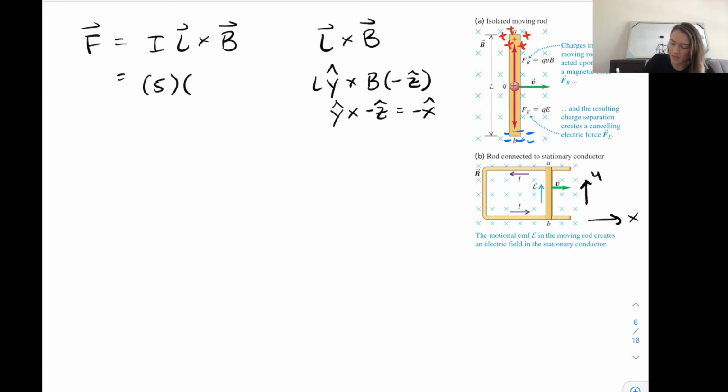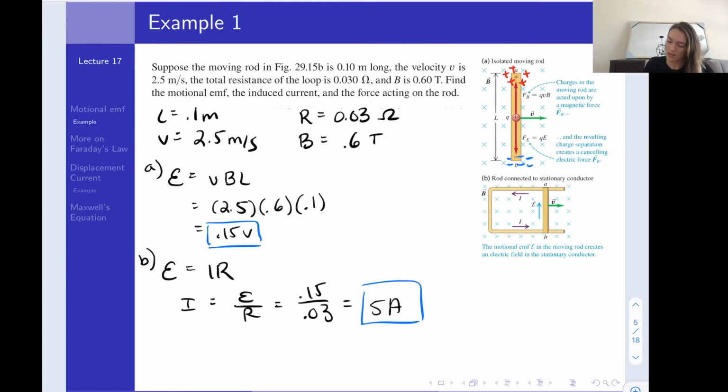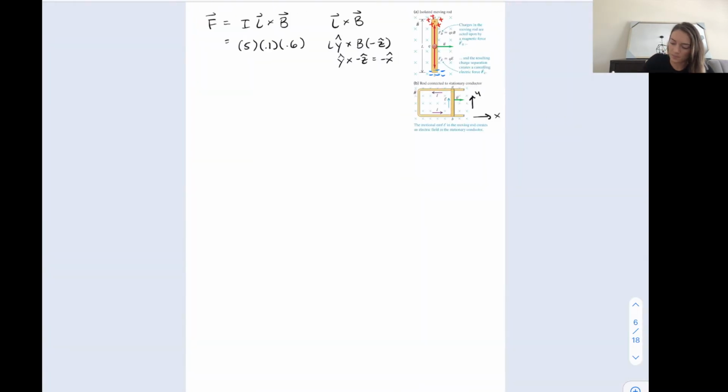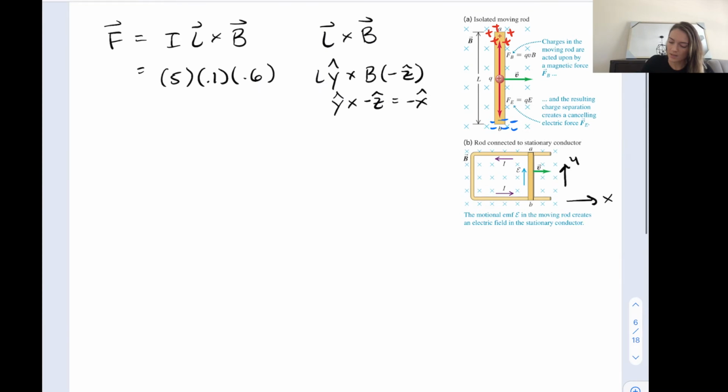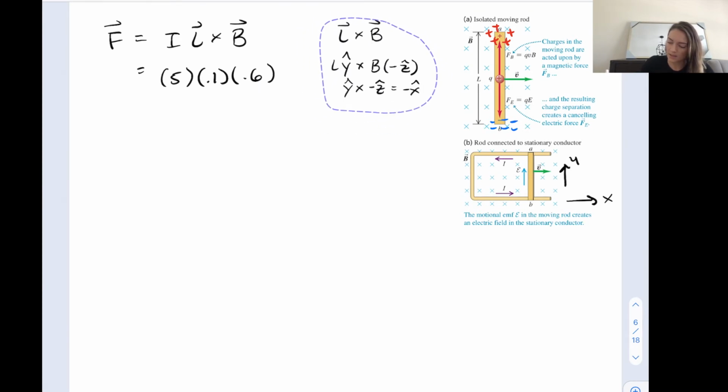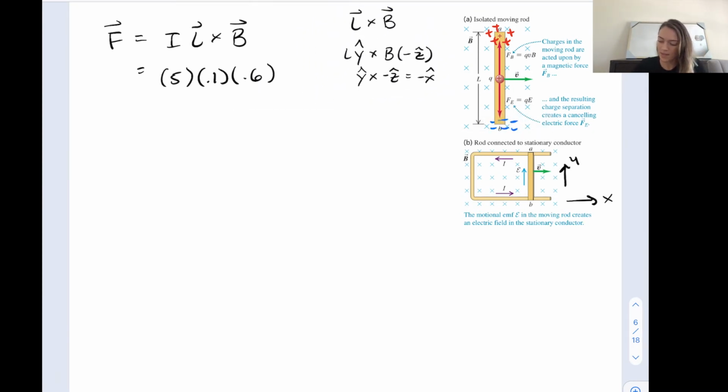So let's plug this back in. Our L was 0.1 meters, and our magnetic field was 0.6. And this is in the negative X direction, or to the left. You could also do this using the right hand rule.